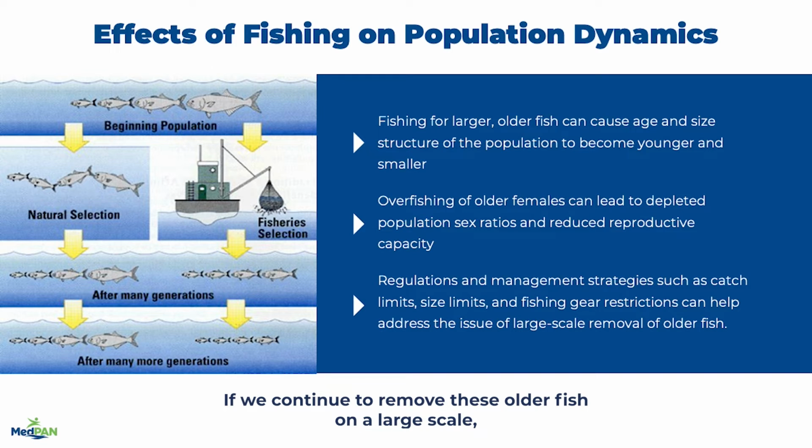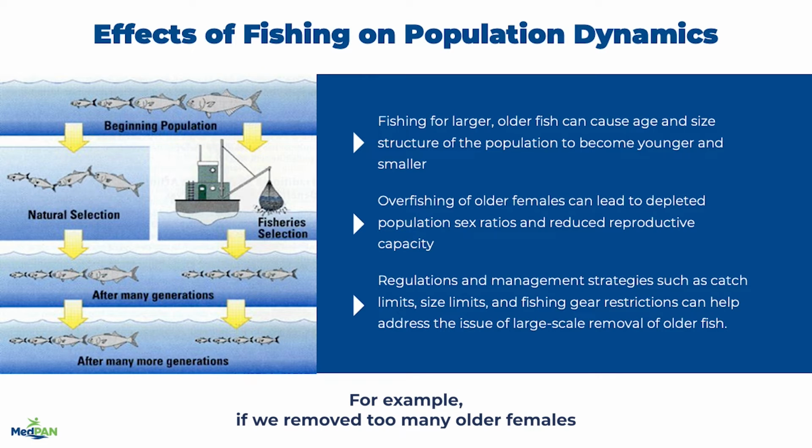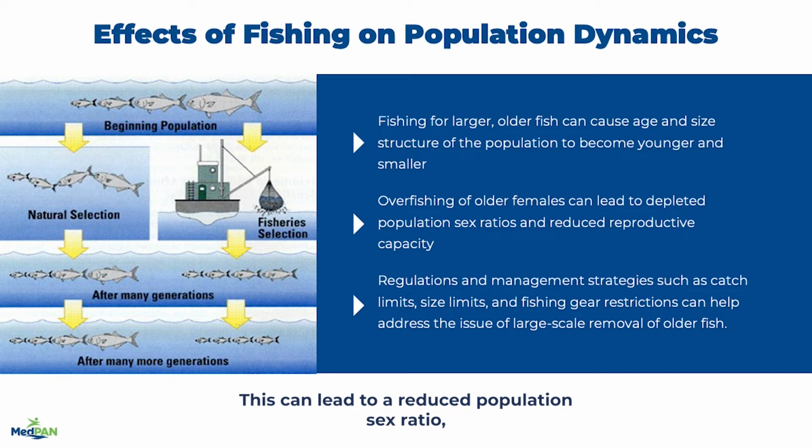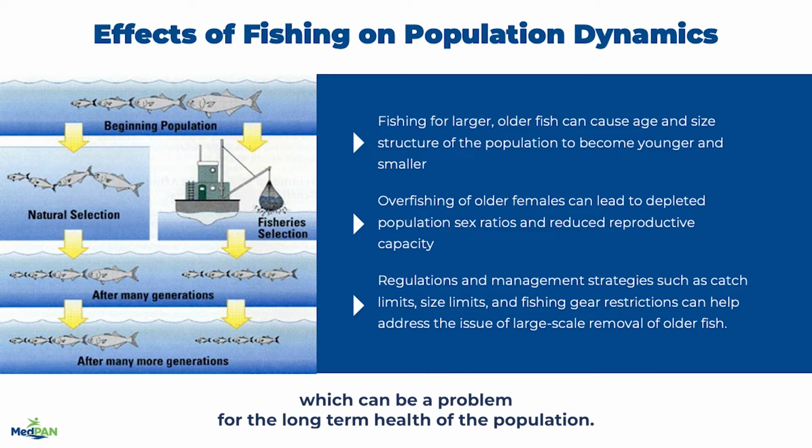If we continue to remove these older fish on a large scale, the age-sex structure of the population is likely to be disturbed. For example, if we remove too many older females from a population, then there may not be enough females to reproduce and maintain the population size. This can lead to a reduced population-sex ratio, which can be a problem for the long-term health of the population.